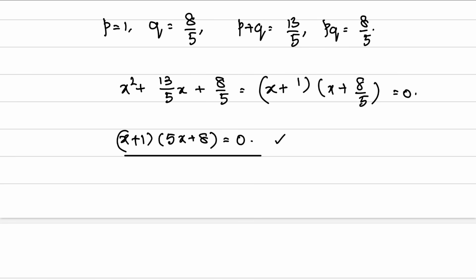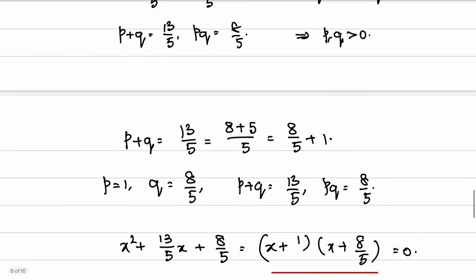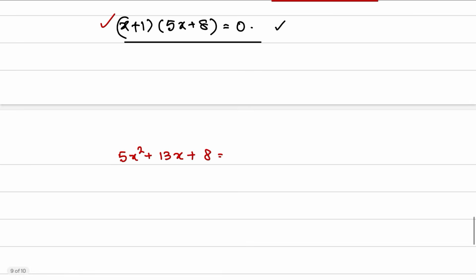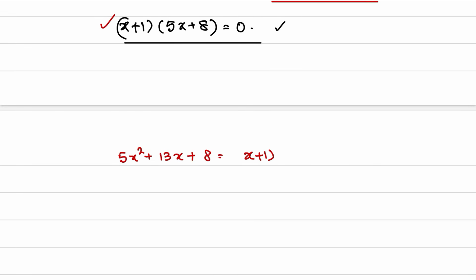Then you write in this form, equate it to 0 and convert into this form. Then we can easily write 5x square plus 13x plus 8 is equal to x plus 1 into 5x plus 8.